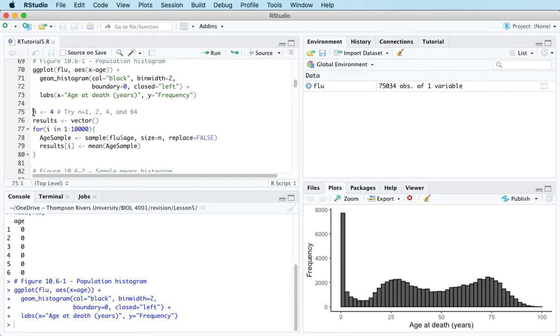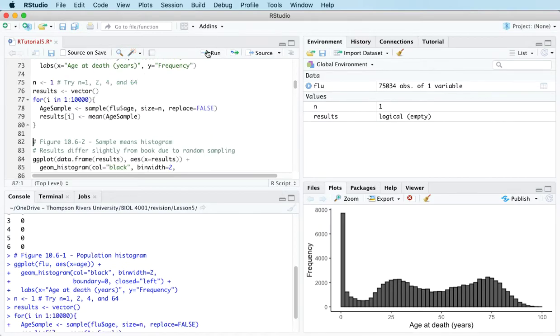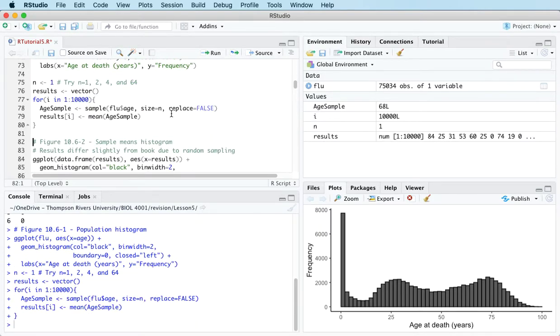I'm actually going to start with a sample of size 1, which might seem a little bit odd, but let me just do that, and then we'll be able to see what's going on. This code here is running a loop, and it's taking a sample of size n from this population, and then it's calculating the mean of the age in the sample.